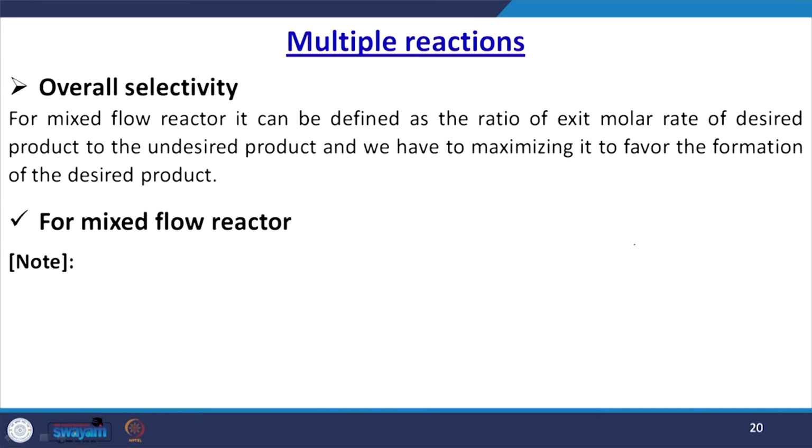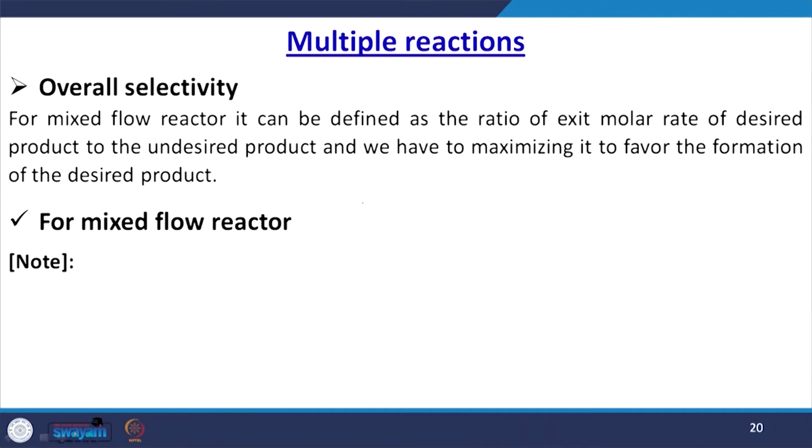Now sometimes people may look into the overall selectivity. Overall selectivity is more common in the mixed flow reactor. For the mixed flow reactor, it can be defined as the ratio of the exit molar rate of desired product to the undesired product, and we have to maximize it to favor the formation of the desired product.